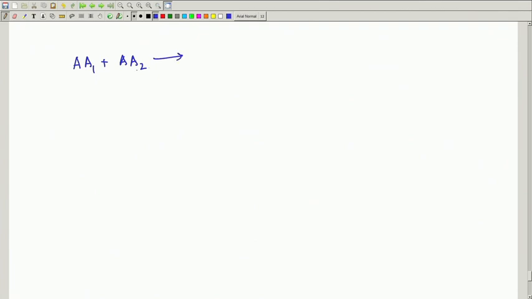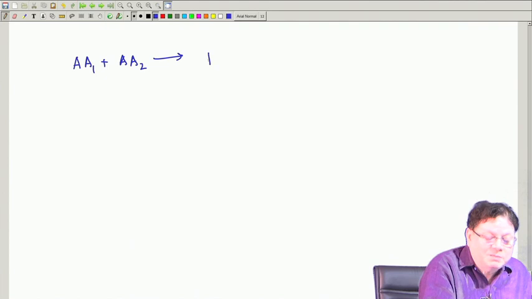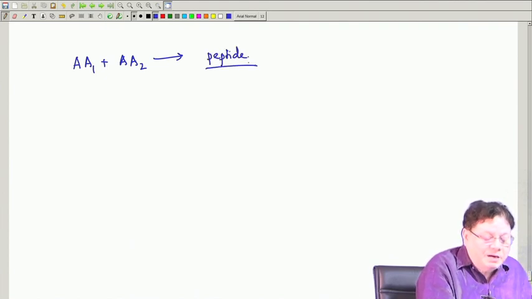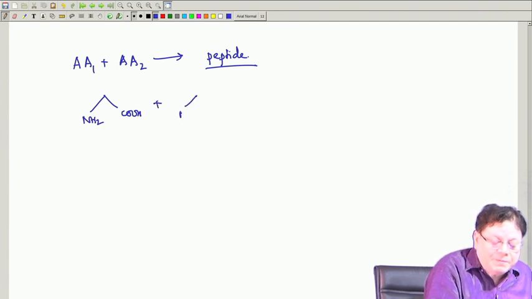So, that means 2 amino acids are combining and that gives what is known as a peptide. Okay. Let us give some examples. Suppose glycine and say alanine, NH2, CO2H and there is a CH3.